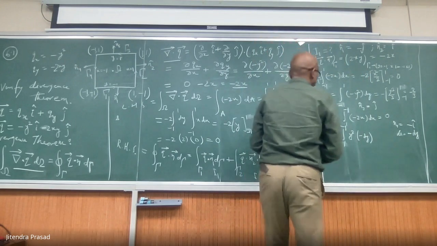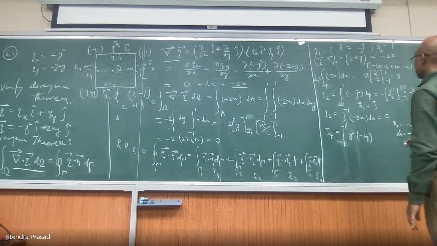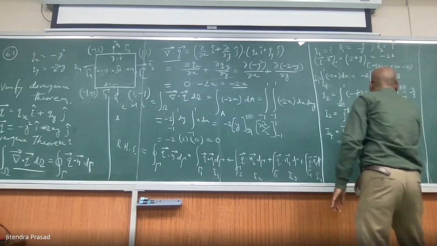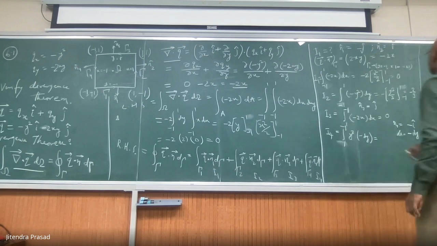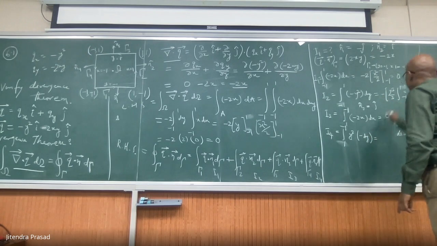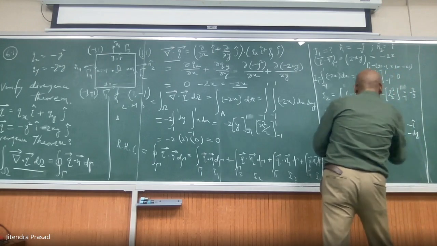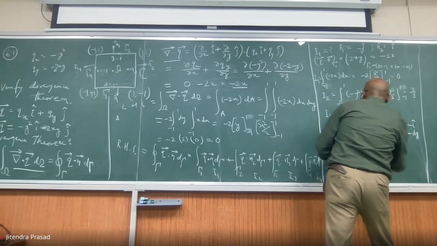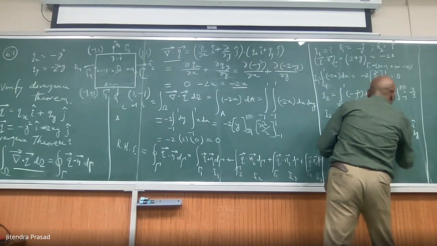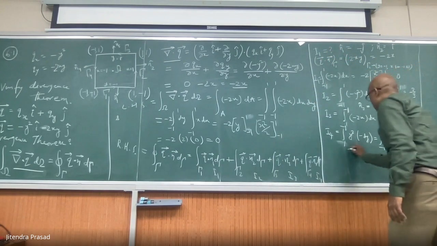And that is nothing but equal to same 2/3, right? You will get 2/3. You can also write it as minus 1 to 1, and then y squared dy, which is equal to 2/3.